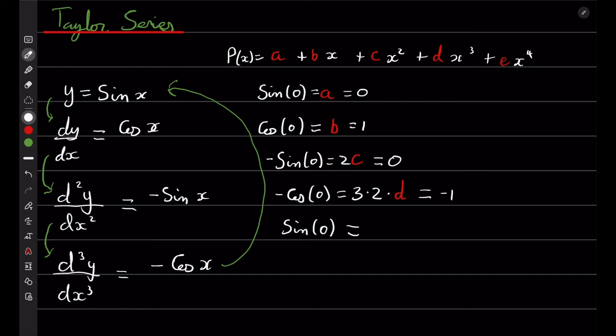Hopefully I got that right. So let me write that down. It's going to be 4 times 3 times 2, and then times 1. I don't really have to write that, it's the same as not writing it. E, and sine 0 is equal to 0.